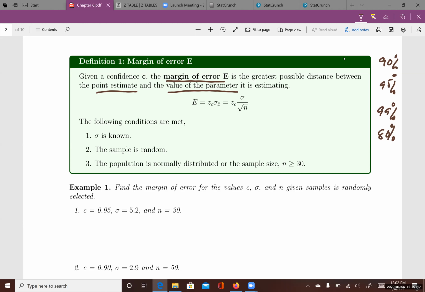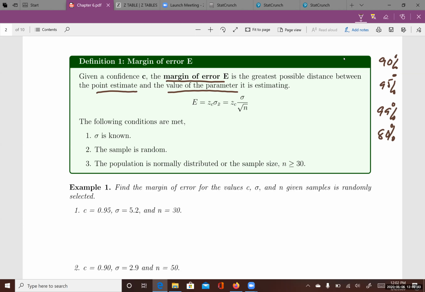Okay, so you are calculating the margin of error, which is the greatest possible distance between the point estimate that you're using and the actual value of the population parameter that you're trying to estimate. All right.